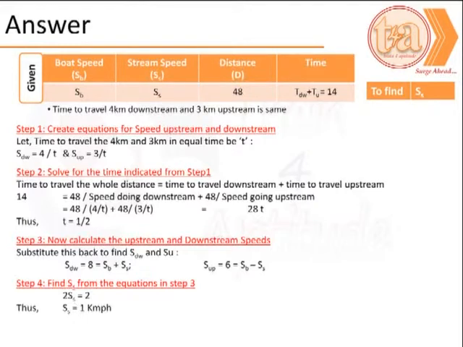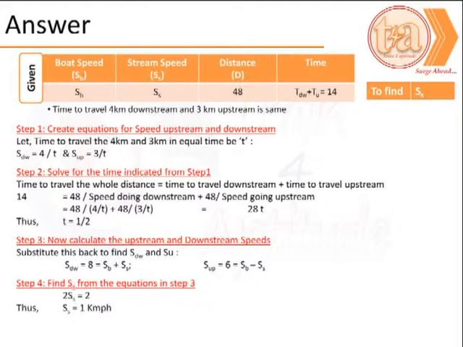We next look at forming the equation for the time to travel the whole distance and substitute the speed downstream and upstream in this equation. On solving, we find that the time under consideration t is equal to 1 by 2.